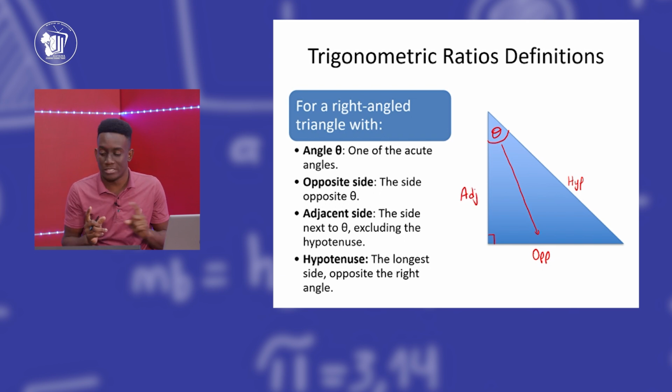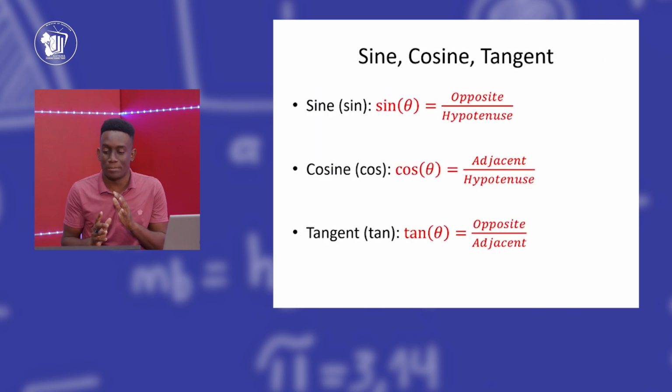The side opposite the right angle, which is the longest side, would be the hypotenuse, and the other side would be the adjacent side. So of course, let's recap the trigonometric ratios.